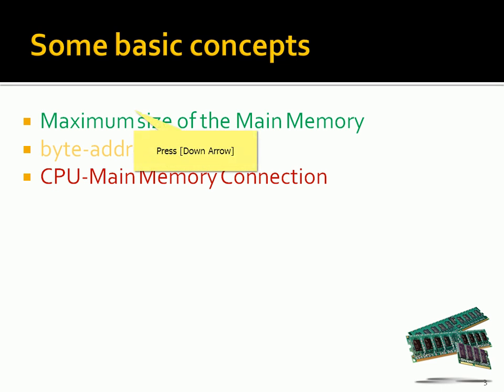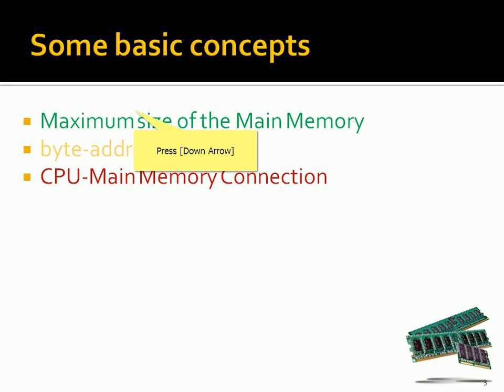So, the CPU main memory connection: there is a layout of the buses in the CPU. There is a processor bus, which is basically faster, and a memory bus, which may be a little slower compared to the processor bus, because an electromechanical device will be connected and is inherently slower because a mechanical component is involved.